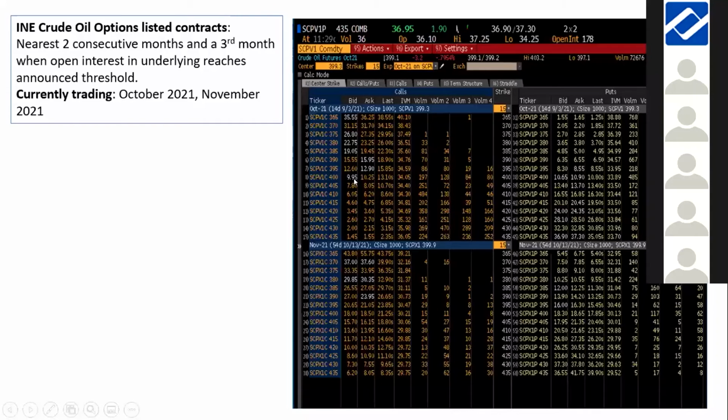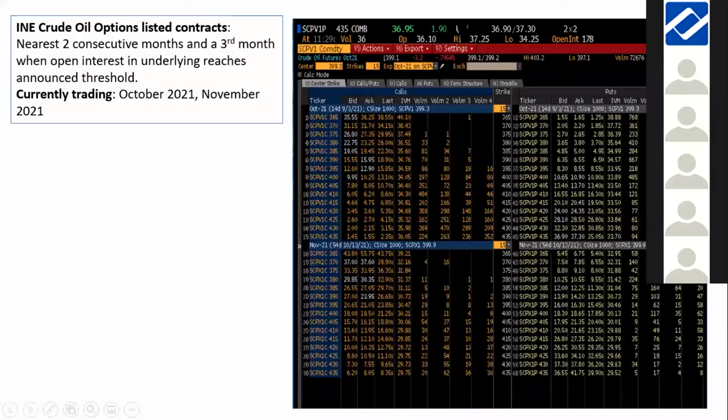They get a little bit wider, but I think over time those are going to start to tighten up as well. And to the right of this is the call side, where you can see the last 4 days of volume. So there are some days where there's good volume in the strikes.